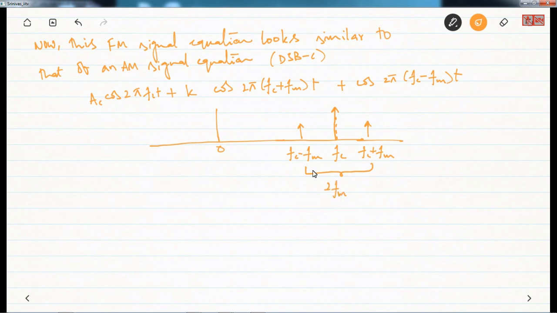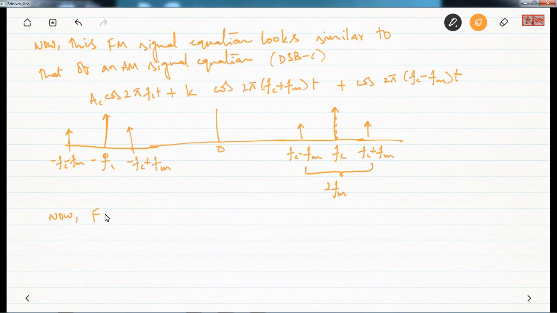Because the signal is occupying from FC minus FM to FC plus FM. Similarly, on the negative side, you have minus FC minus FM and minus FC plus FM. You have a peak here, you have a peak here.